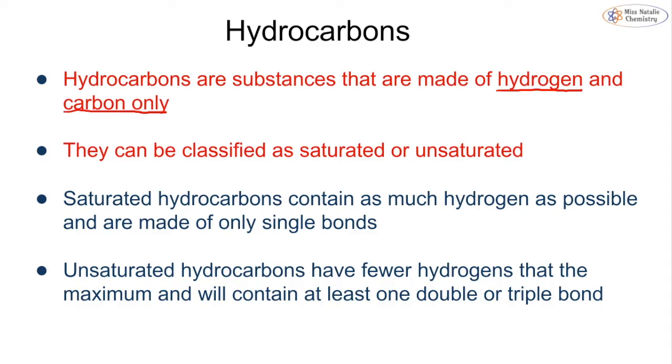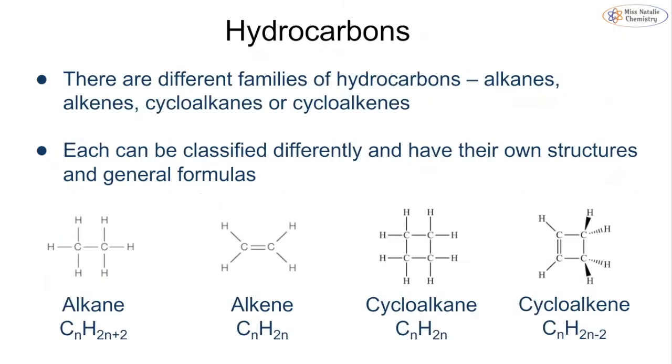Now, we can classify hydrocarbons as saturated or unsaturated, and this is all to do with the presence of a double bond. You can also, of course, have triple bonds, but we don't go into that in international A-level. So our saturated hydrocarbons have just single bonds, and our unsaturated will contain a double, or as we said, they can contain a triple bond.